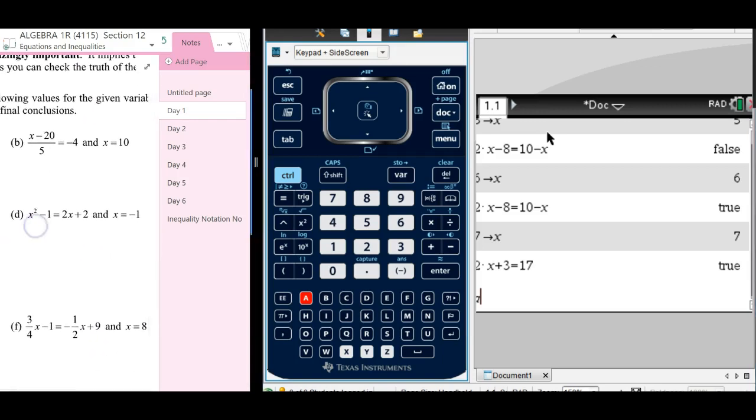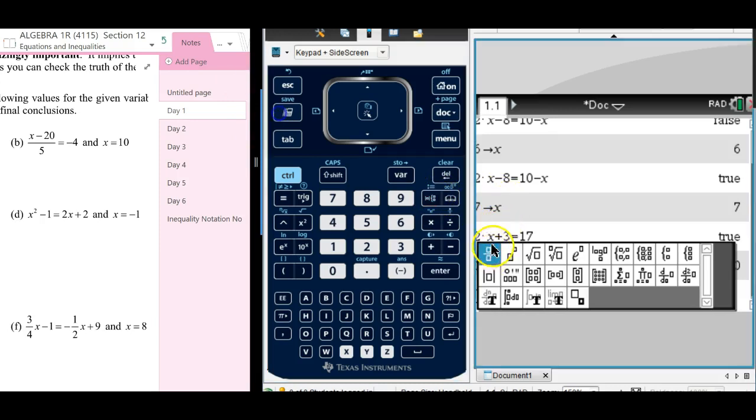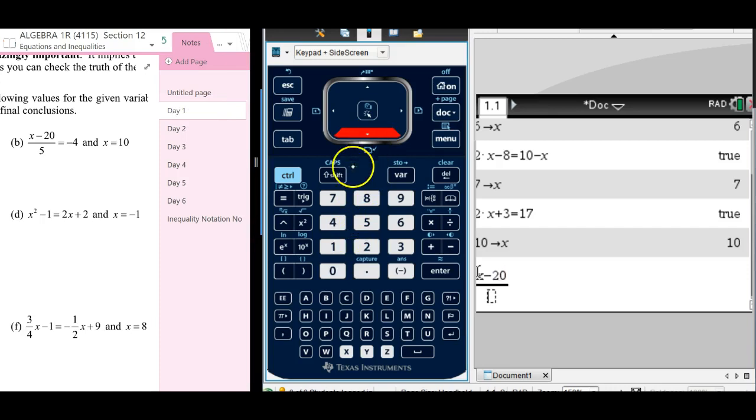In letter B, they want us to test if (x minus 20) divided by 5 is equal to negative 4 when x equals 10. So I'm going to store 10 for x, and I'm going to test if (x minus 20) divided by 5 equals negative 4.